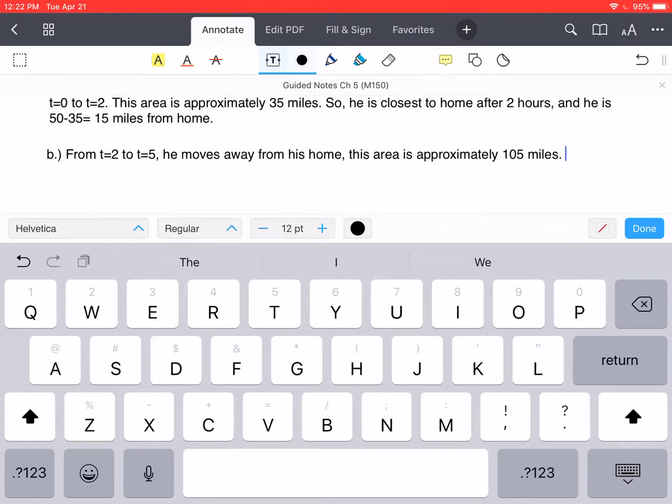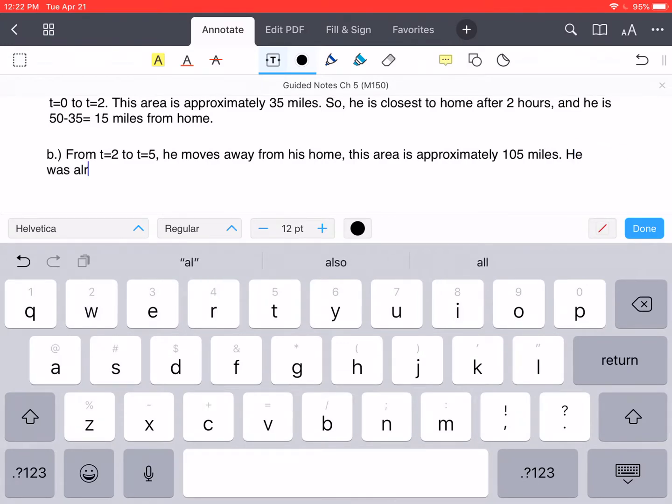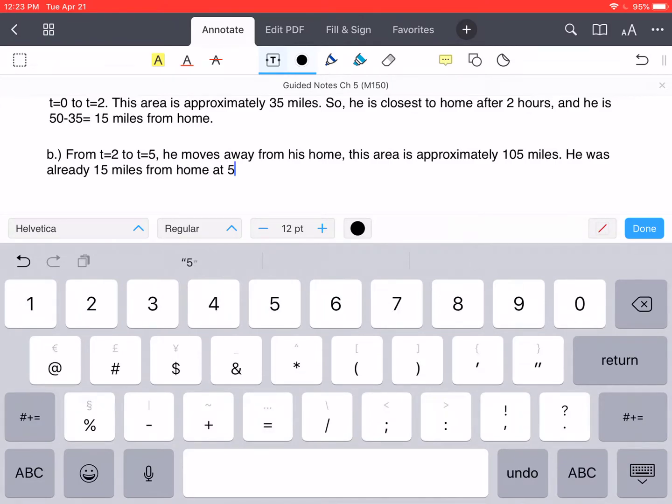Now this doesn't mean that he was 105 miles away from home, because remember, he started off at 50 miles from home. He drove 35 miles towards home, stopped, so now he's 15 miles from home. Turned around, and now he drove another 105 miles away from home. So he was already 15 miles from home at time t equals 2.